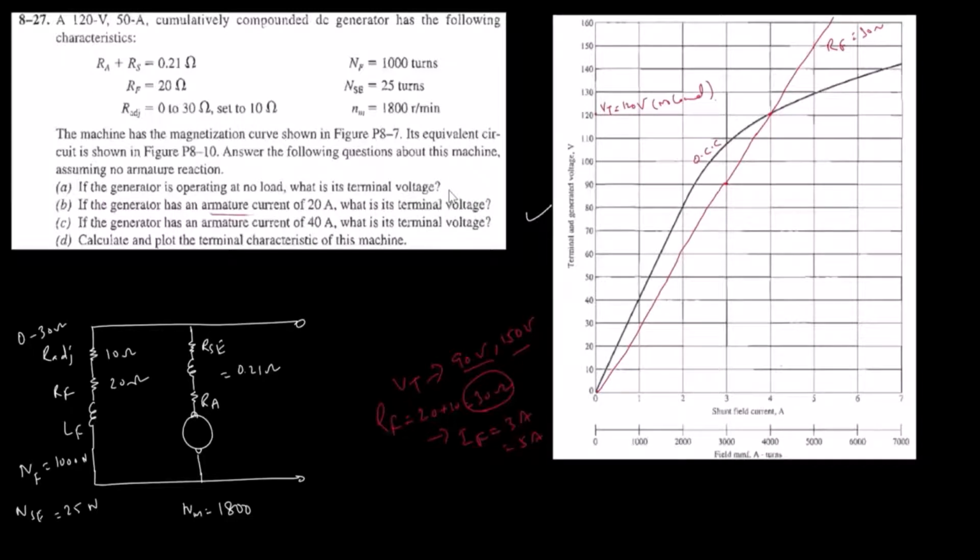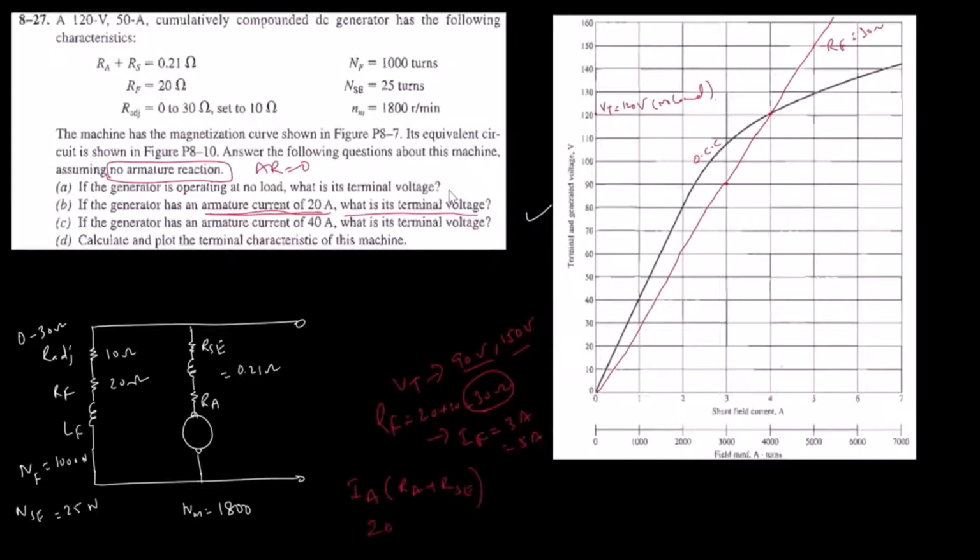Now the next question is, if the generator has an armature current of 20 amps, what is its terminal voltage? What about armature reaction here? In this problem we don't have any armature reaction, so armature reaction is 0. Now for a given armature current of 20 amps, what will be its terminal voltage? So what is the IA into RA plus RSE drop?